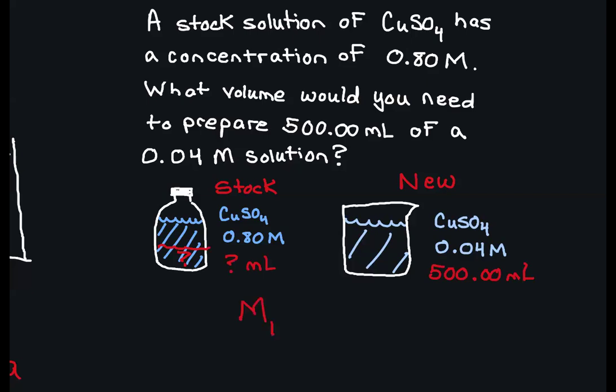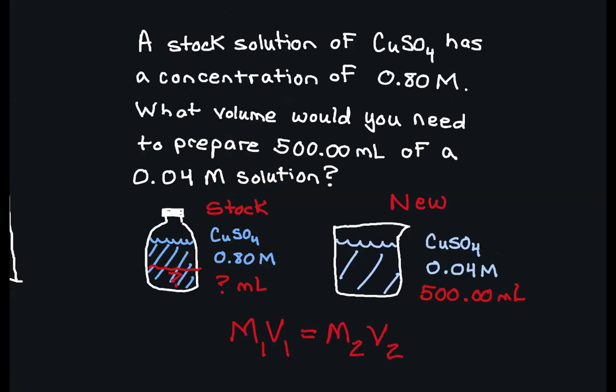We're going to go back up here and do some labeling. So we have the stock solution that has a concentration of 0.8. In this equation, we can call this M1. And then it says, what volume would you need to prepare 500 milliliters of a 0.04 M solution? So that means that 500 milliliters is the new volume, so we'll call that V2.